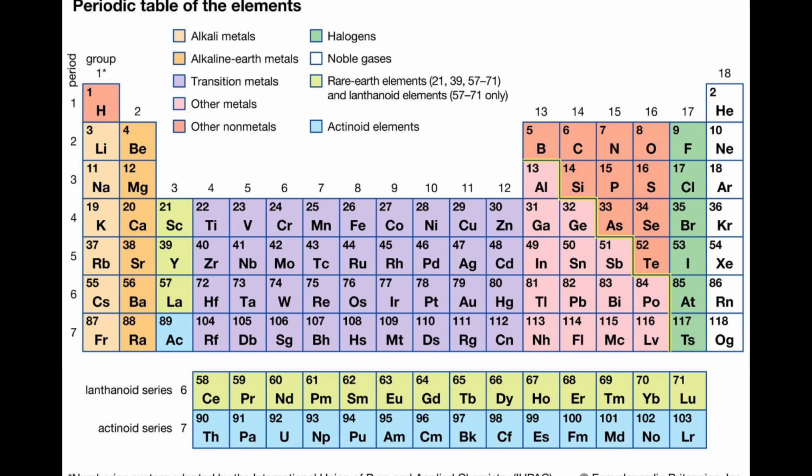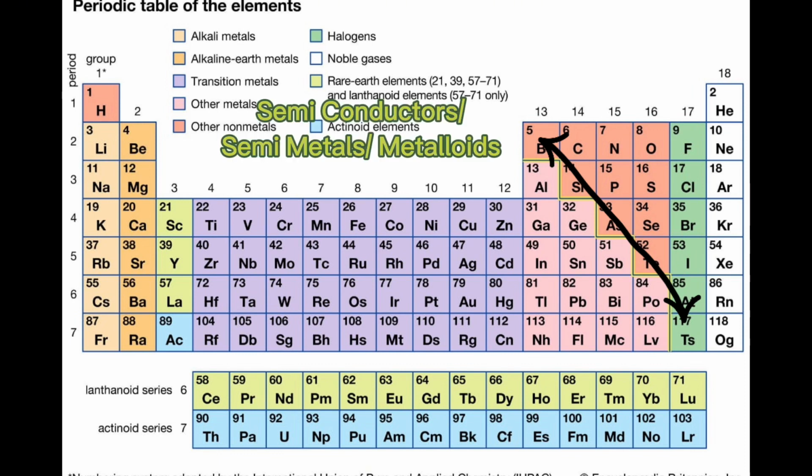And then we have elements slightly in between. If you notice on your periodic table, there is a little step here between group 4 and 5. Elements on that step are called semiconductors or semi-metals or metalloids, right?